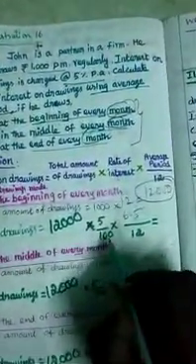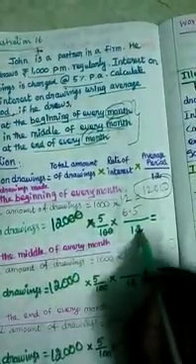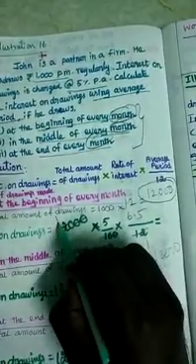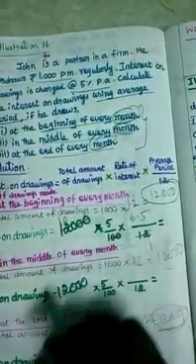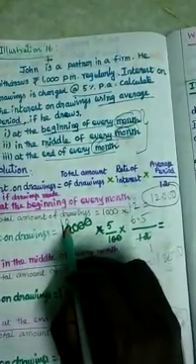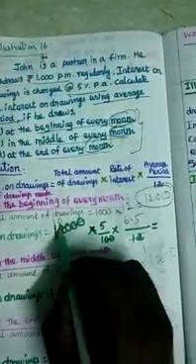Now we see here, 12 and 12 are cancelled, 12 times 1,000 leaves 10 placed here. 6.5 into 10 is 65.